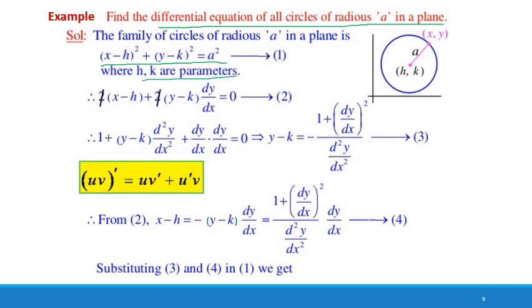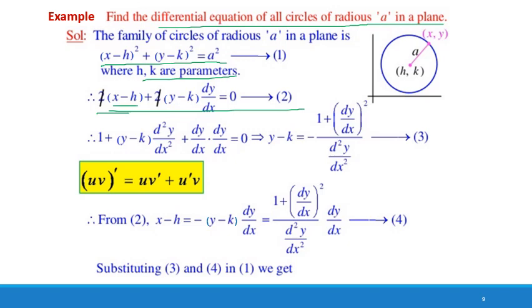When we differentiate this equation 1 with respect to x, we will get equation 2. By factoring out 2 and simplifying, we will get this equation.